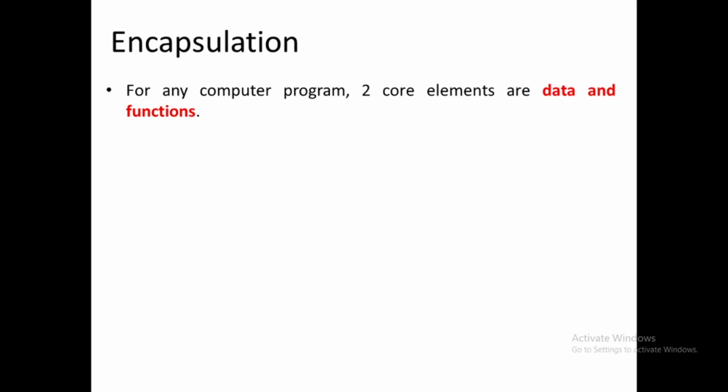But remember, in structural or procedural programming languages, both these are separate entities, data and functions. But in object oriented programming language, both these are wrapped in a single entity called object.